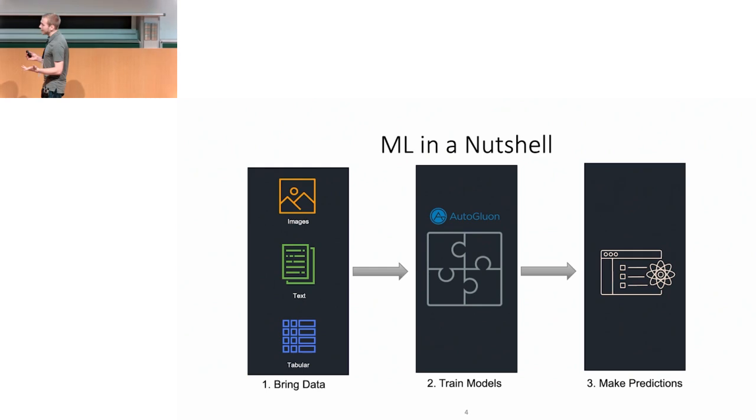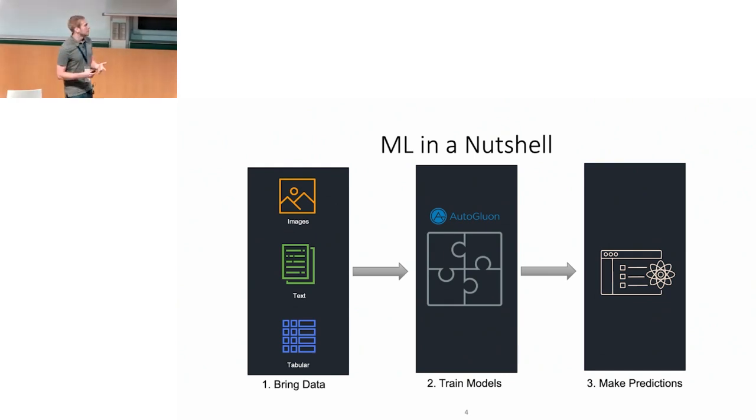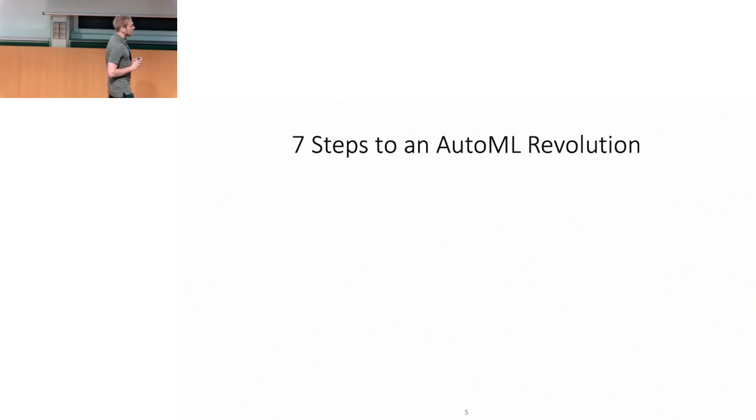This is really the simplest nuts and bolts description of machine learning. Of course, there are a lot of nuances here, but a lot of times what people care about is this exact series of events. So here is what I think are 7 steps to an AutoML revolution.